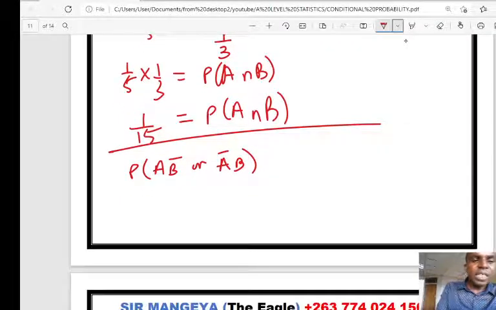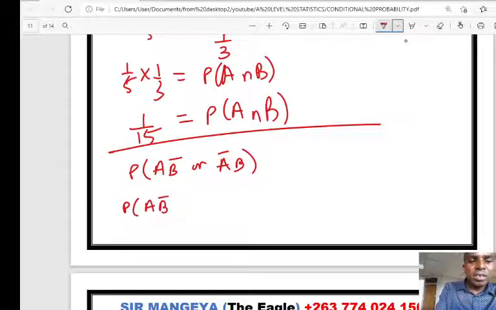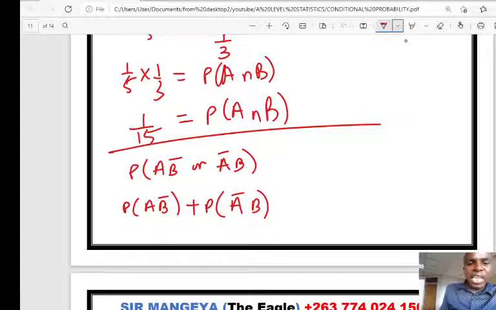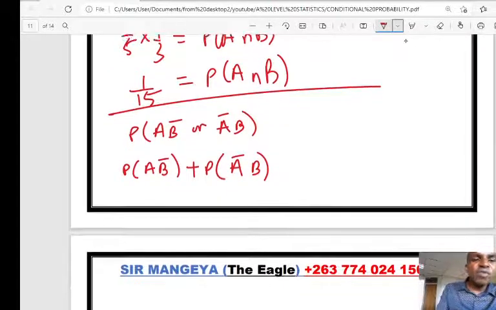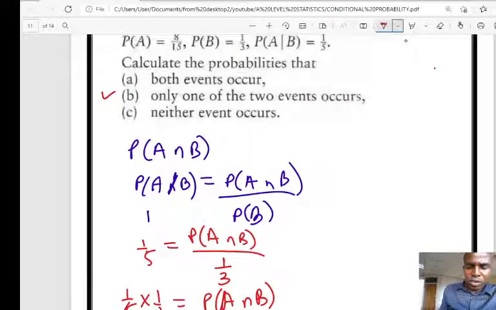Right, that one will be probability of A and not B, plus probability of A will not occur but B will occur. Let me find probability of not A first.